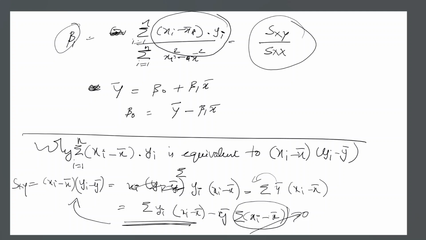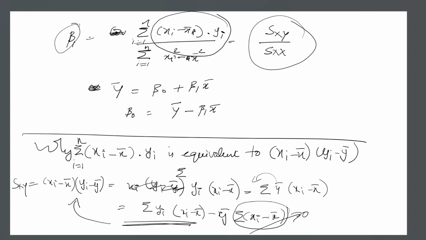I think this explanation will be fine. So with this understanding, we now know how to estimate beta 1. Beta 1 is nothing but Sxy divided by Sxx, and after estimating beta 1, you can estimate beta naught.